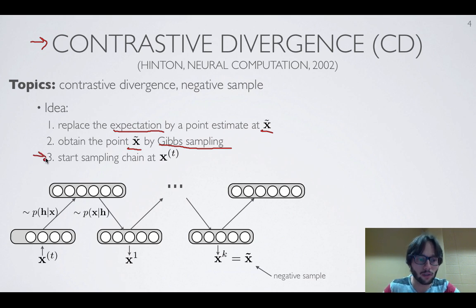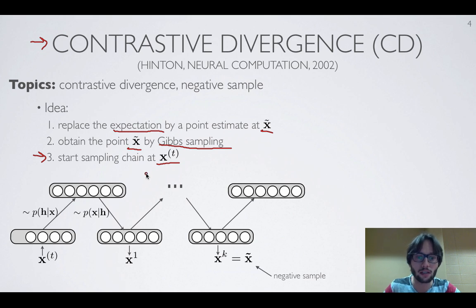The third idea, which is perhaps the most important contribution behind contrastive divergence, is to perform Gibbs sampling by starting our sampling at a state where the visible layer is set to the training example for which I'm trying to compute the gradient and do an update.